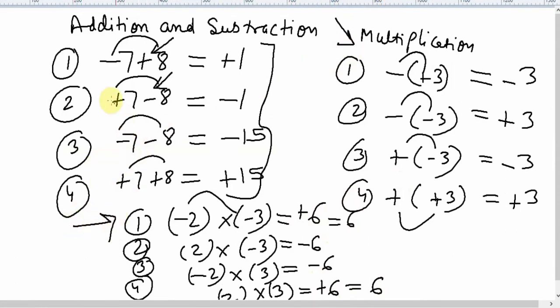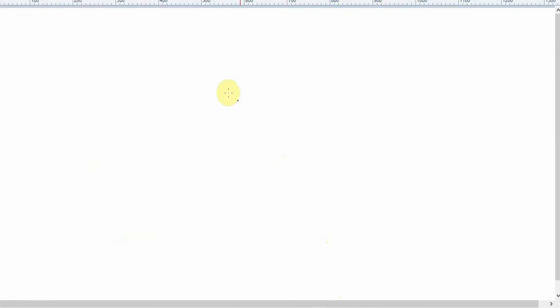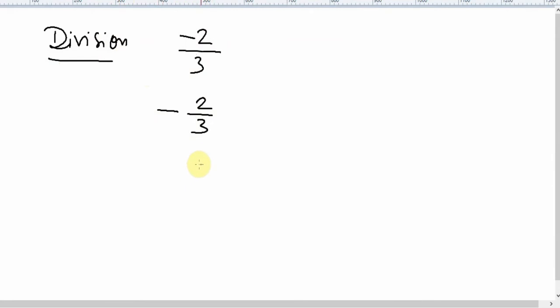Okay. Now the last part is division. What do we mean by division? In the case of division of integers or fractions, for example, there are four possibilities: minus 2 upon 3, or 2 upon minus 3, or minus 2 upon minus 3.